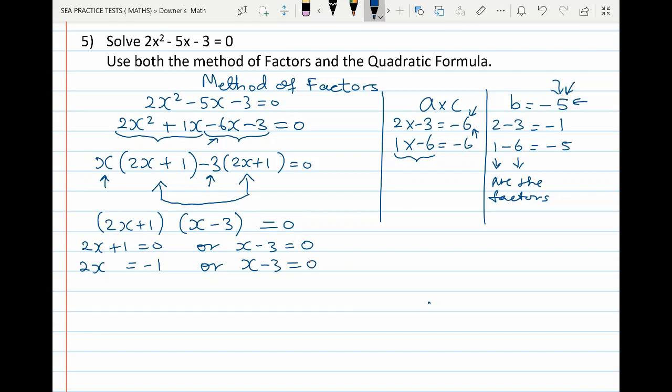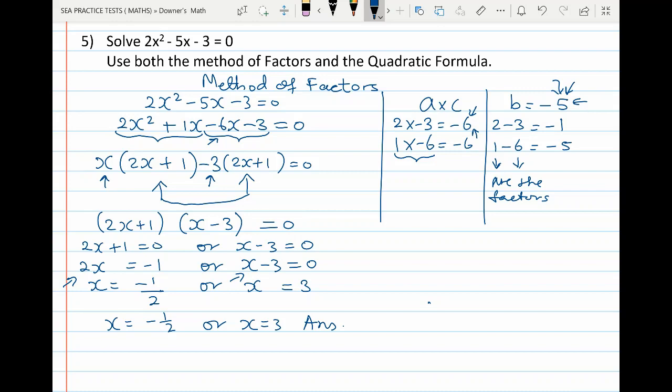We're not dealing with that just yet. But in this case here, it means that x must be equal to minus 1 over 2, dividing on both sides by 2. Or the other possibility is that x must be equal to 3 from this factor here. So the answers would be x equal to negative a half or x equal to 3 for this particular question using the method of factors.